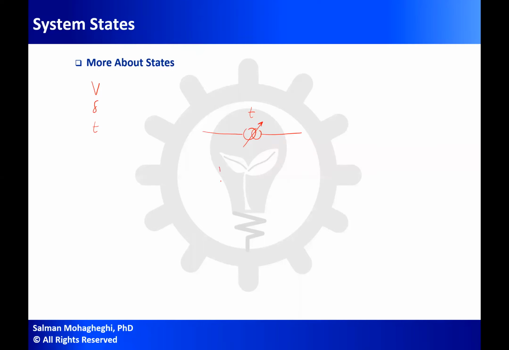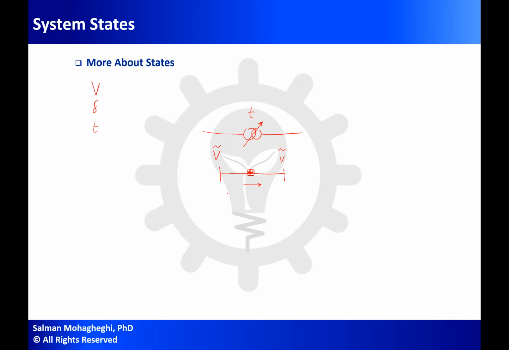There are some other situations as well. Imagine you have two buses that are connected to one another through a circuit breaker. Notice that even if I know the voltage phasor here and voltage phasor here, I'm not going to be able to calculate the powers that are going through the different phases of the circuit breaker. The reason being that this circuit breaker does not follow Ohm's law.